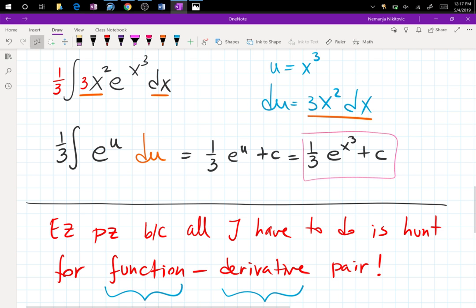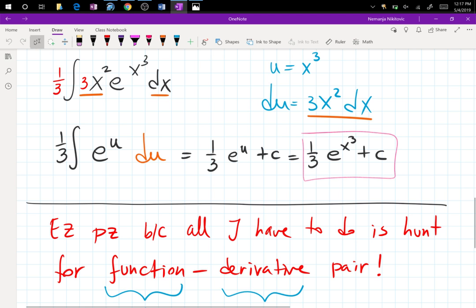How about e to the x? Well, the derivative of e to the x is another e to the x. So if I take one e to the x and I replace it with a u, I don't have another e to the x for du, and I still have x squared floating around, so that's bad as well.